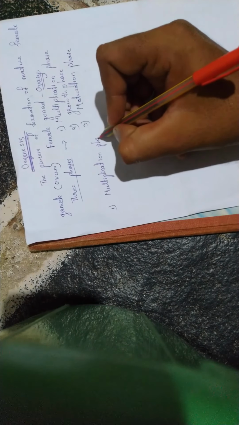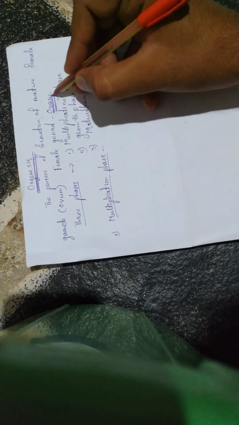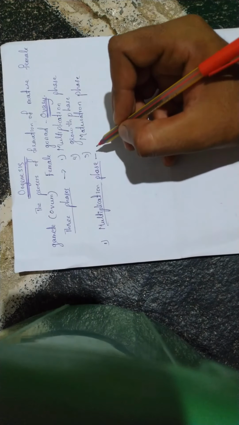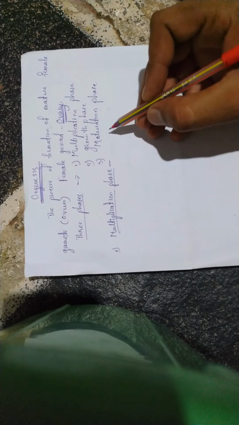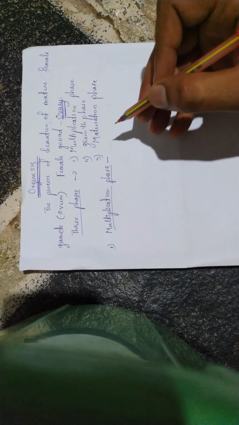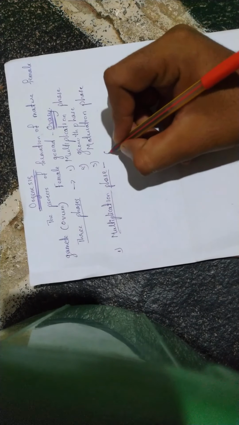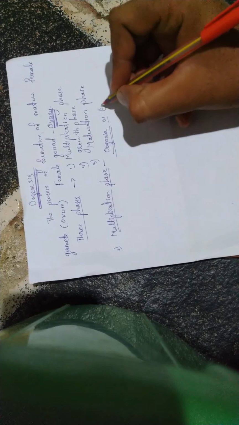In this multiplication phase, keep it in your mind, in the female gonad or ovary, in the fetal development, certain cells in the germinal epithelium of the ovary divide by mitosis, producing a large number of egg mother cells, or oogonia.